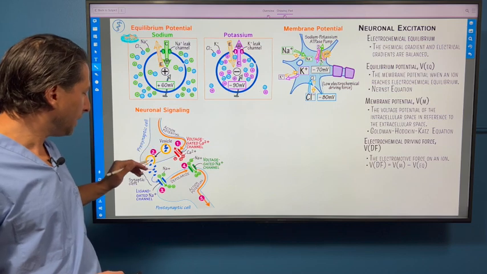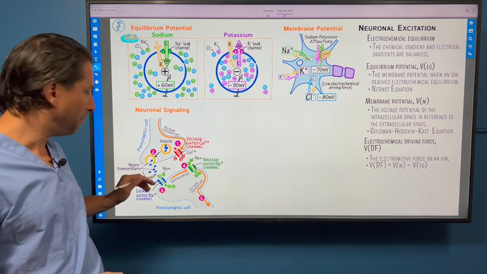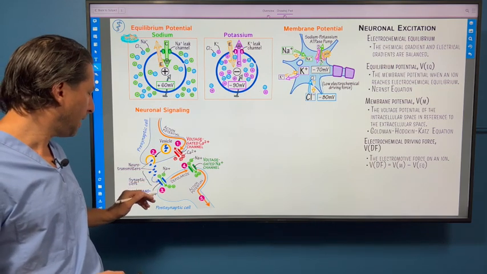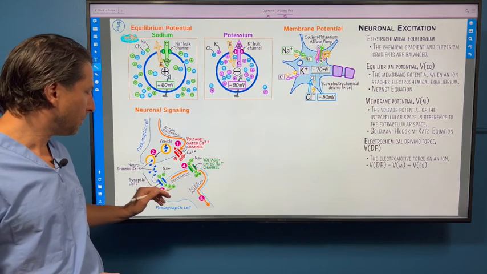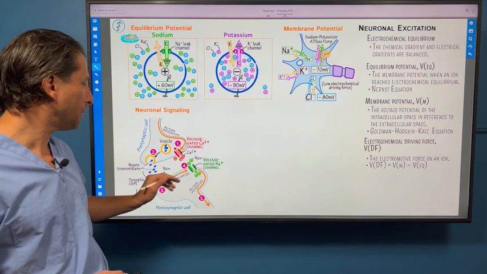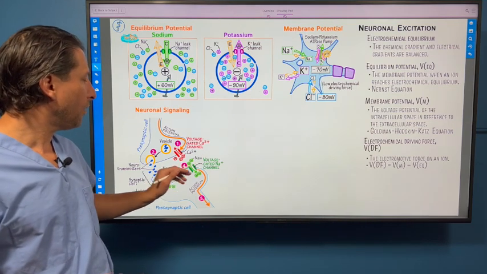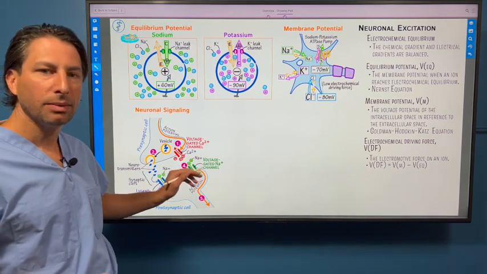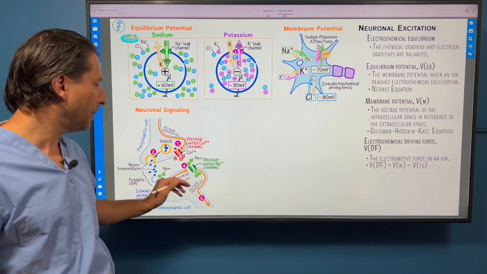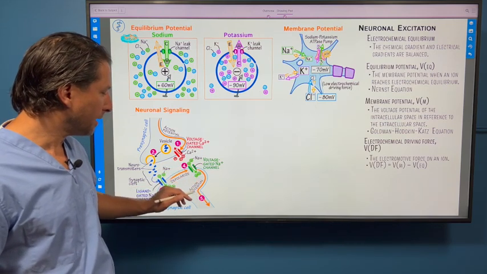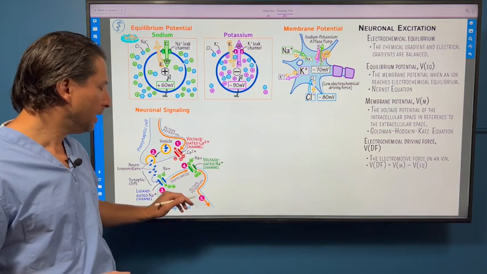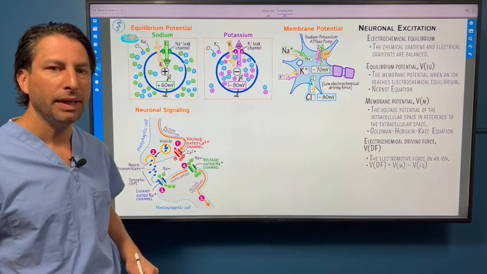There's a vesicle release of neurotransmitter which binds to this postsynaptic ligand-gated sodium channel. Sodium rushes in, causes depolarization, and then voltage-gated sodium channels along the postsynaptic membrane are activated, and they stimulate this action potential to move along the postsynaptic cell.